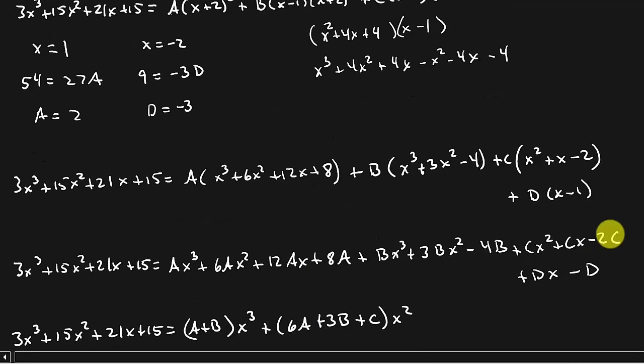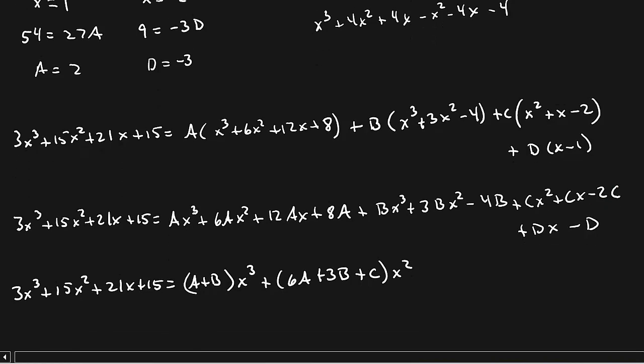I don't know why I put minus, but just shows you, be careful. Watch your signs. You might have caught it earlier, but yeah, that's supposed to be a plus.